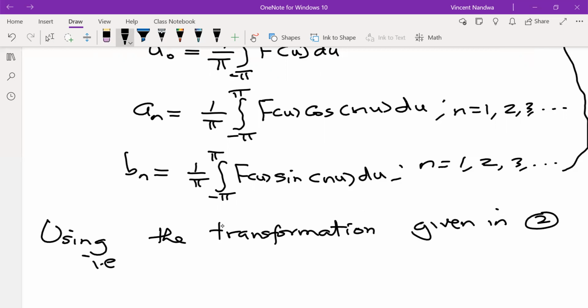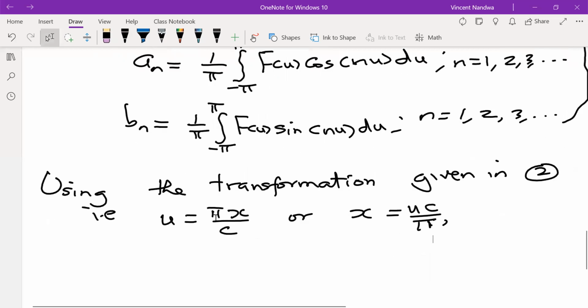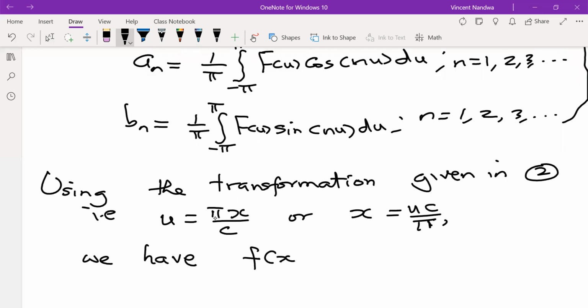that is that u is given by pi x over c, which is the same thing as saying x is given by u c over pi. We have, so f of x is what can be written as f of u c over pi.